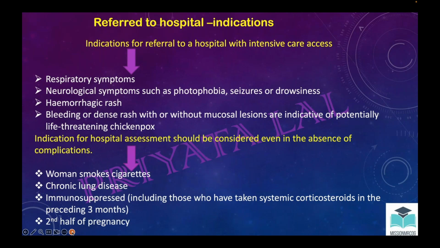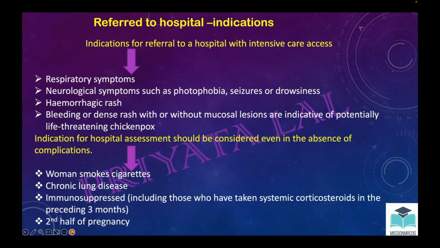If the patient has respiratory symptoms, encephalitis, or neurological symptoms such as photophobia, seizures, drowsiness, if the patient has a severe heavy rash, a hemorrhagic rash, bleeding or dense rash, these are the situations of potentially life-threatening chickenpox. If your patient has all this, then the patient would be admitted to hospital, ideally with ICU facility.